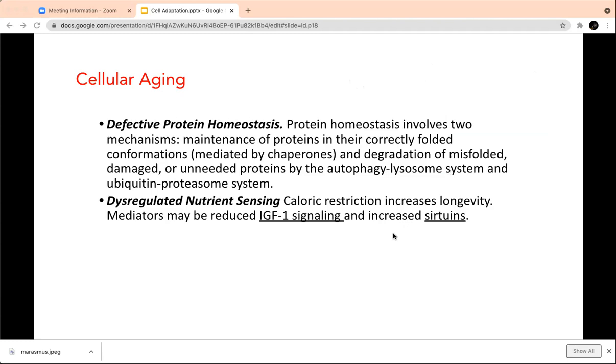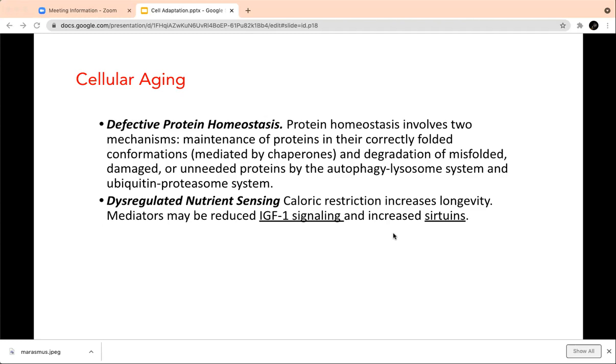Okay, as the cell ages, dapat na maintain yung protein homeostasis. So it's either na maintain yung correctly folding conformations of the protein, and also degradation of misfolded, damaged, or unneeded proteins by the autophagy lysosome system and ubiquitin proteasome system.